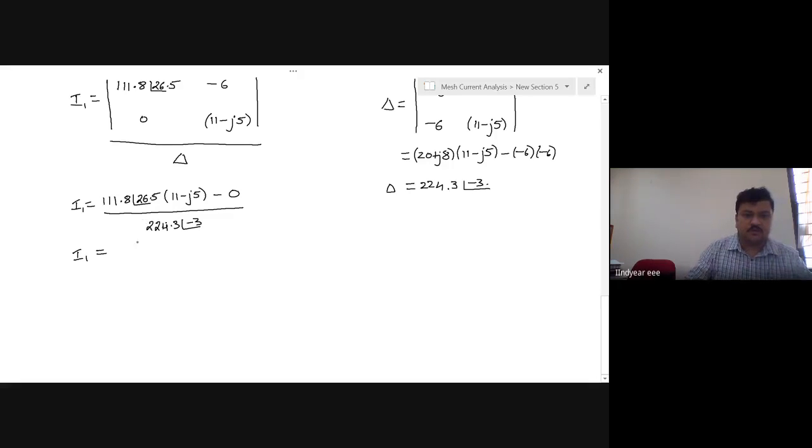Okay. So I1 comes out to be, in the rectangular form, 5.999 plus 0.53 J. If you convert this into polar form, it is 6.02 at an angle 5.05 amperes.